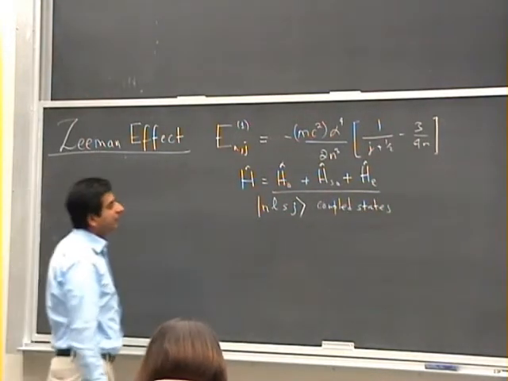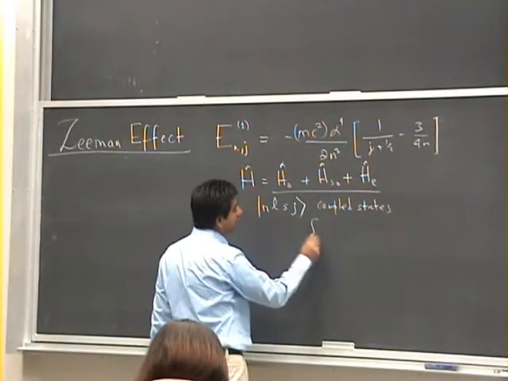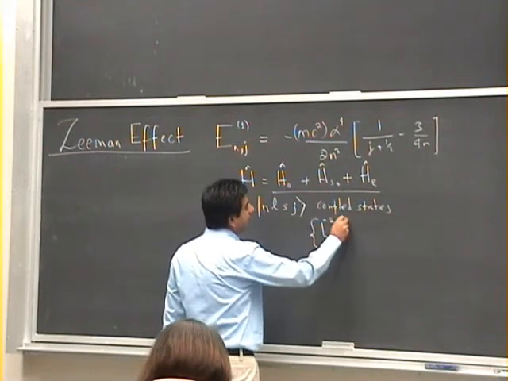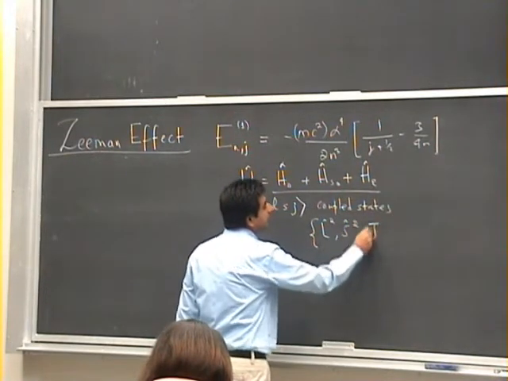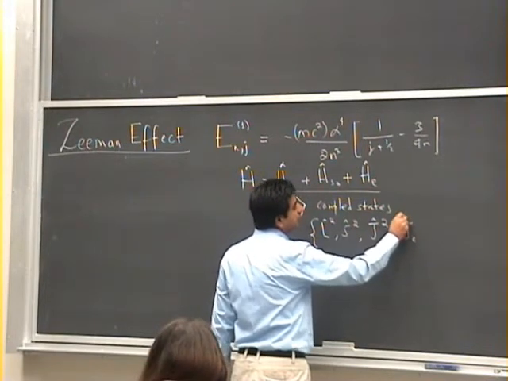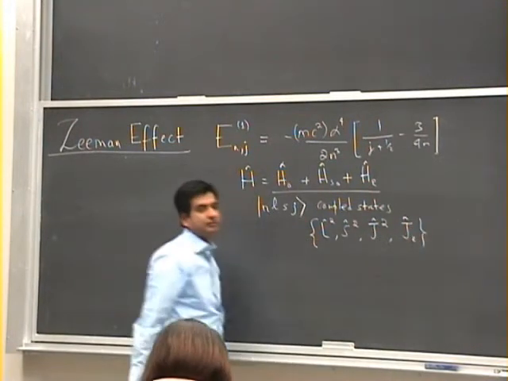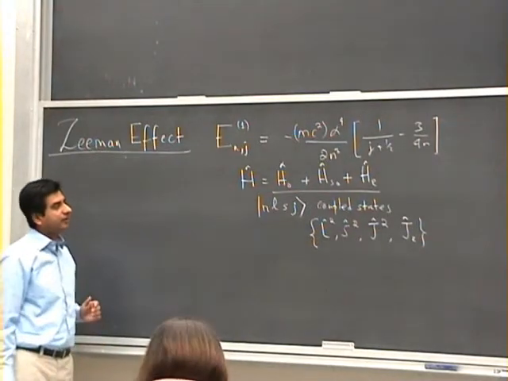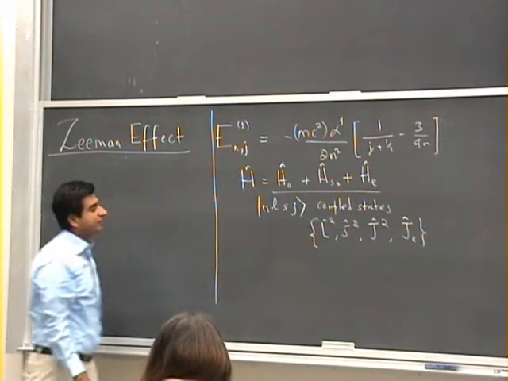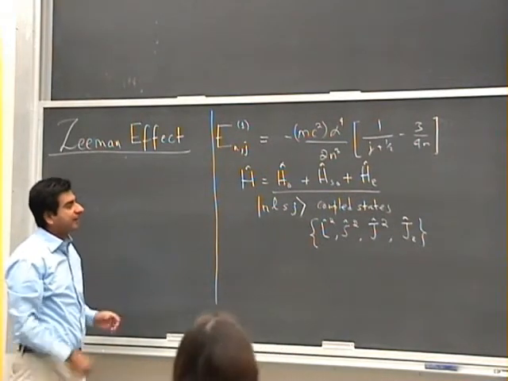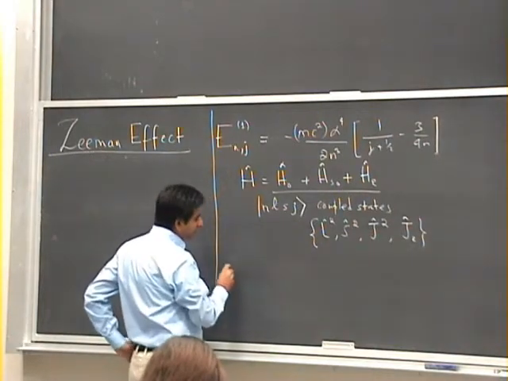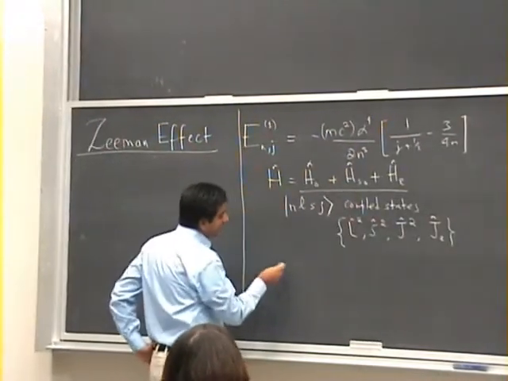And the compatible set of commuting observables is L squared, S squared, J squared, and of course, along with J squared comes Jz. So this is from the previous lecture on the fine structure interaction, and we also noticed that we could define quantum states with the same energy by the term symbols.